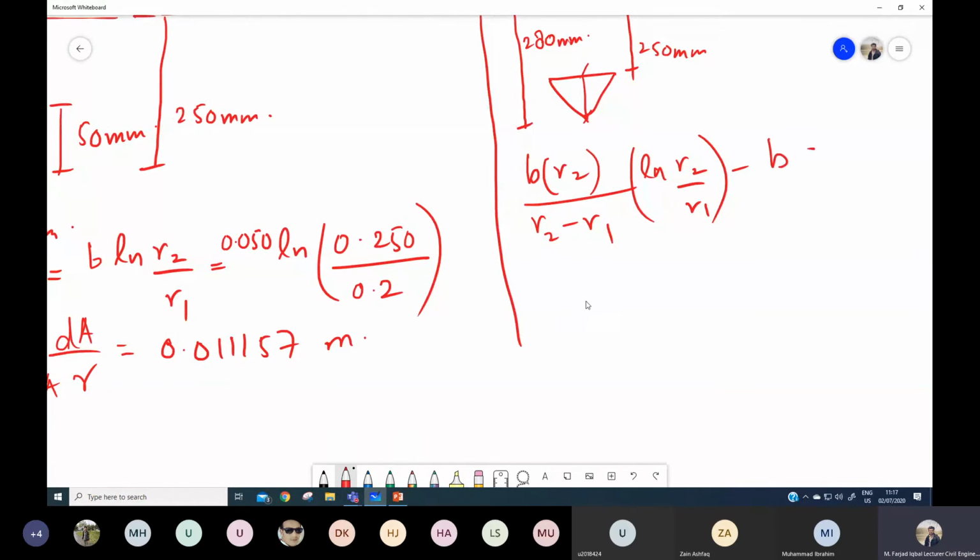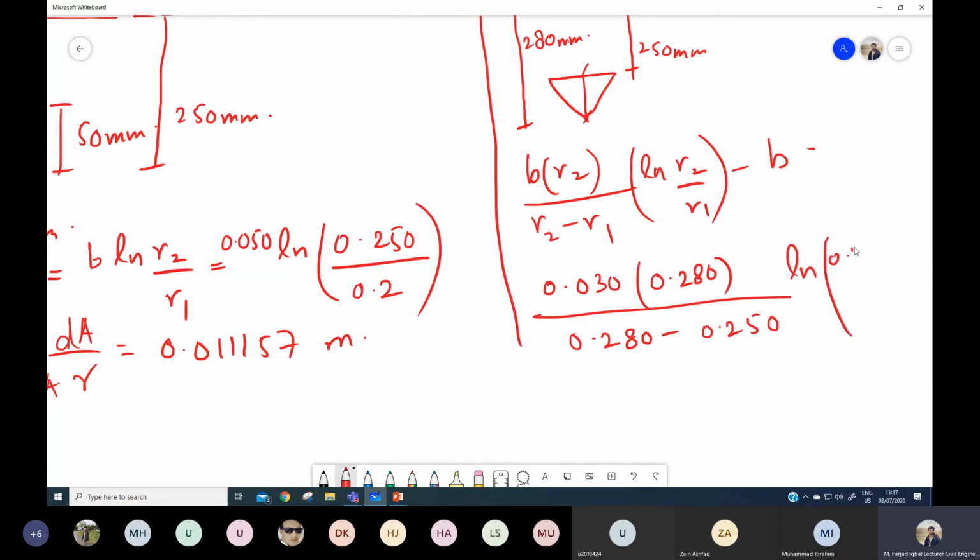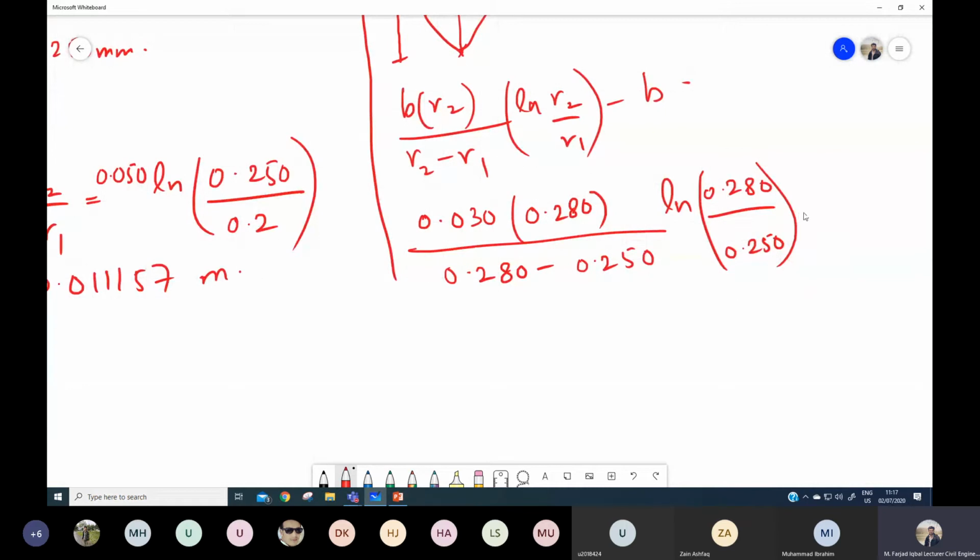If I substitute all these values, I get 0.050 into R2, 0.280, over 0.280 minus 0.250, log natural 0.280 divided by 0.250, minus again the width, 0.050.